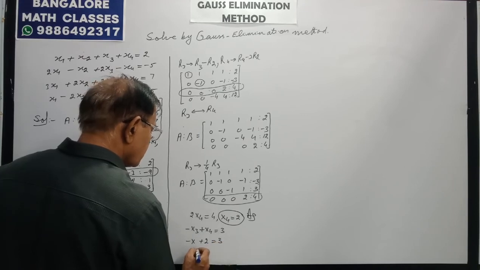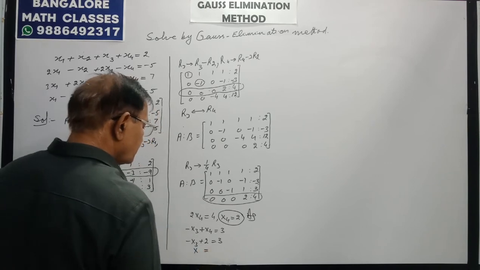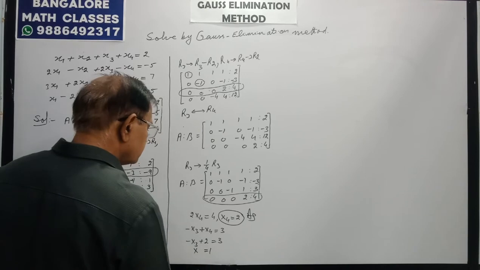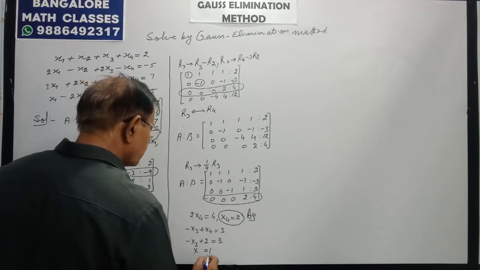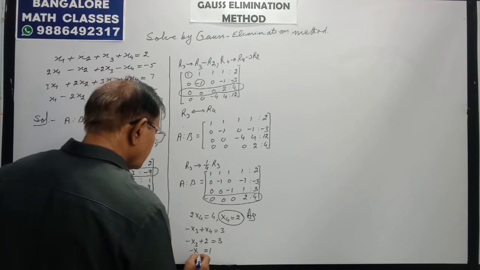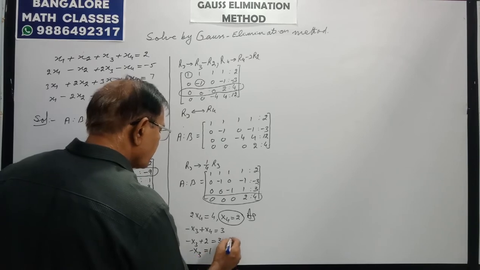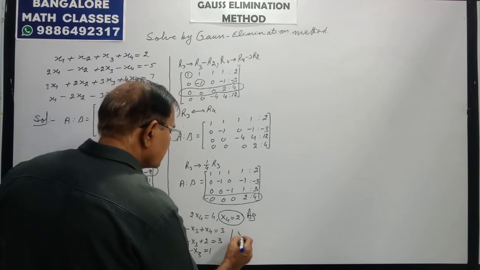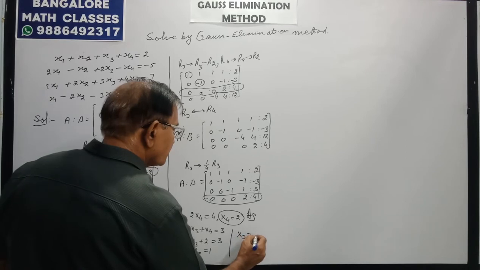So thus minus x3 will come out to be 1. So x3 will come out to be minus 1.